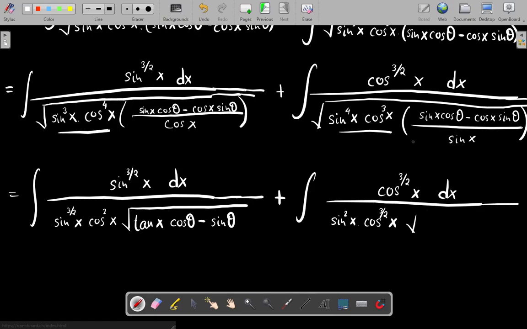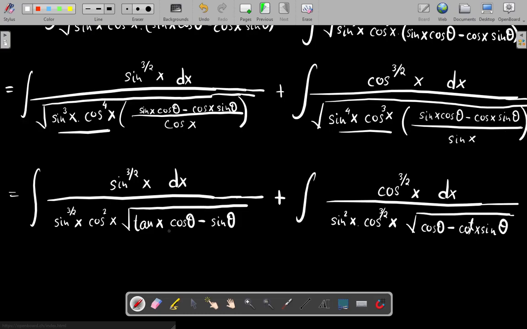In the term remaining inside the square root in the denominator, the sin x and sin x will cancel each other, so this becomes cos theta minus cos x sin theta. Not cos, this is cos x by sin x, right? Sorry, my mistake, this will become cos x upon sin x, so this will become cot x sin theta. I hope now it is correct, right?